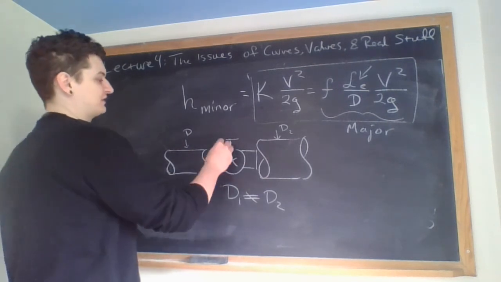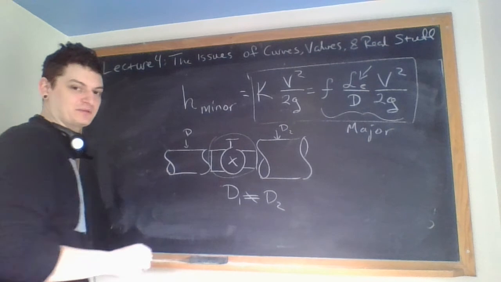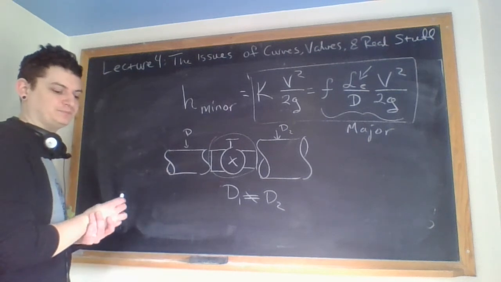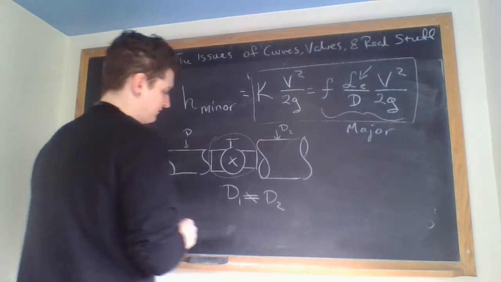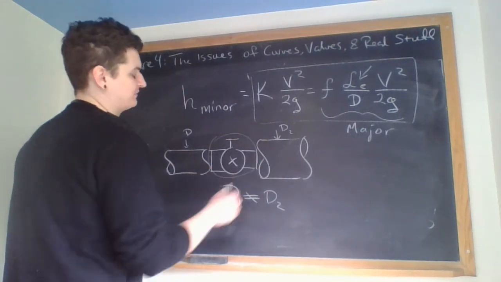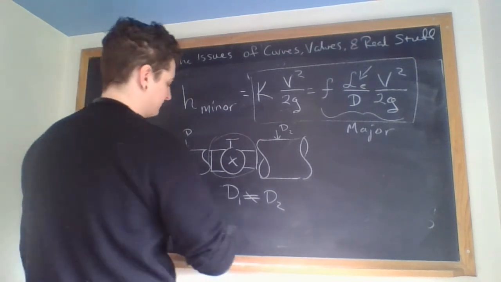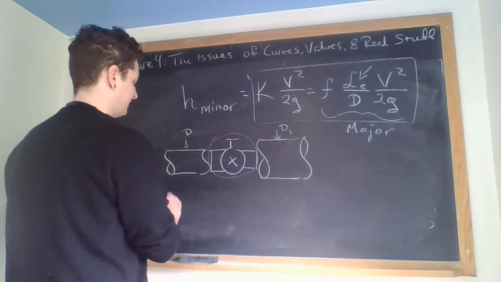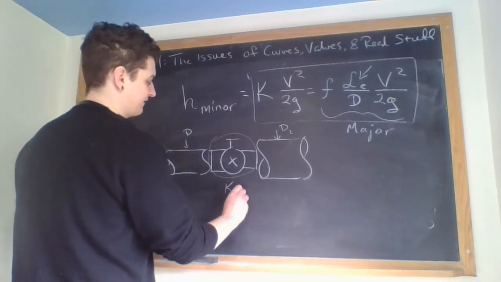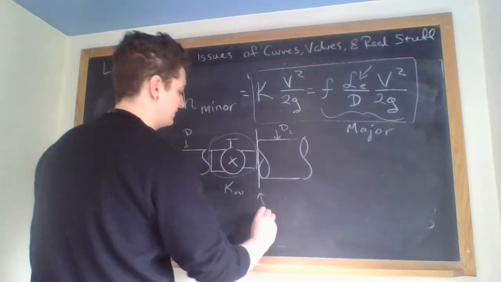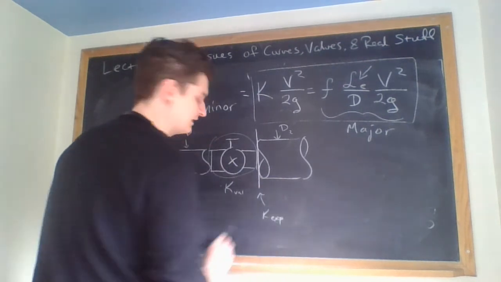So this is now some sort of valve and an expansion at the exact same time. So what do you do in this situation if I have this component and then this component? Well, for something like this, you can still do these equivalent lengths. You just need to have that this is a K valve, and then right here, sort of right in between, that would be a K expansion.